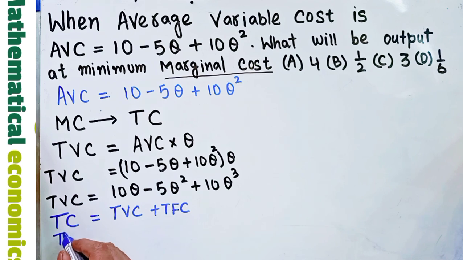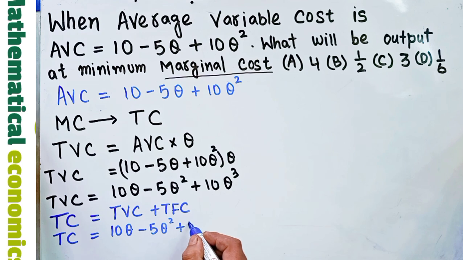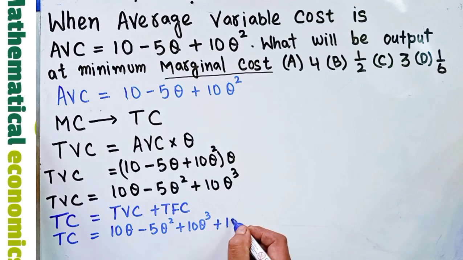Then our total cost function will be equal to total variable cost, that is 10Q minus 5Q square plus 10Q cube. In place of TFC, I can write any constant. Let's denote K as any arbitrary constant. This is our total cost function.